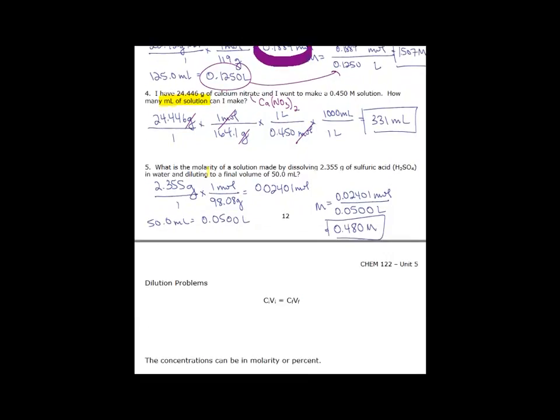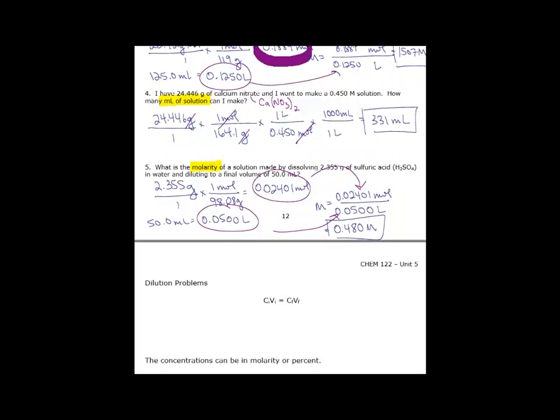And then the last problem: what is the molarity of a solution made by dissolving 2.355 grams of sulfuric acid in water and diluting it to a final volume of 50 milliliters? So I'm asking for a molarity again. That means you have to find the number of moles, plug it in here, convert milliliters to liters, plug it in here, and then adjust everything to the correct number of sig figs.